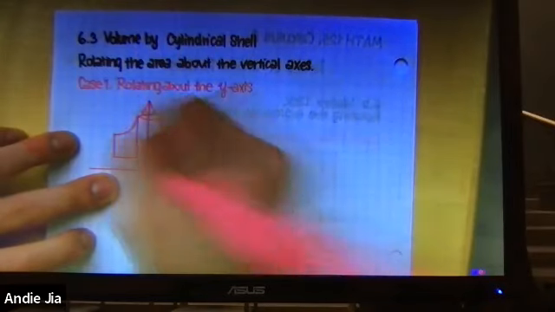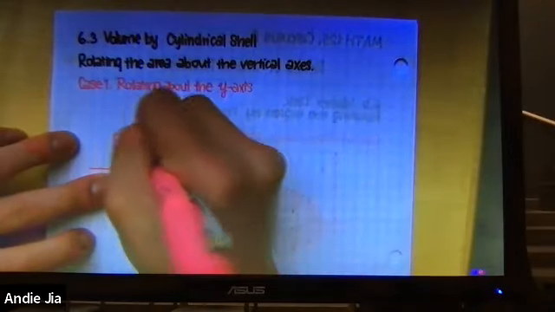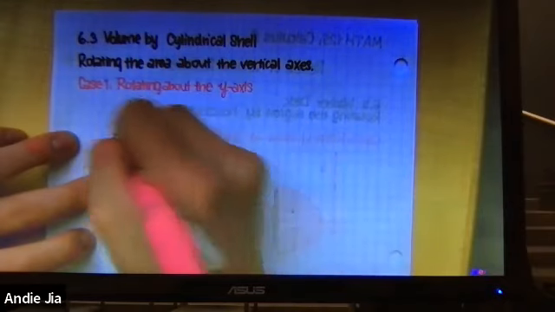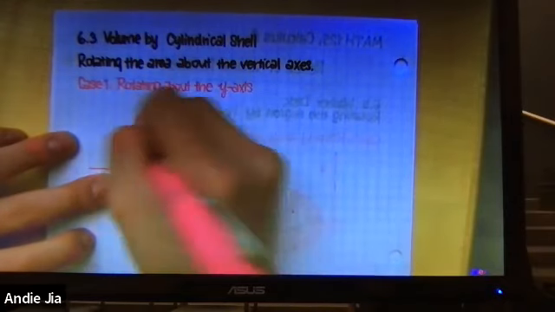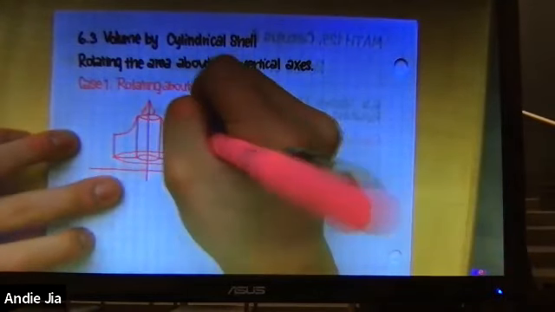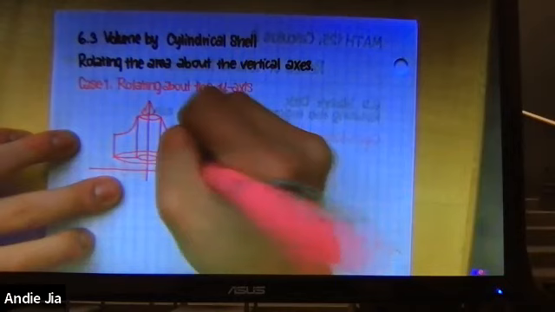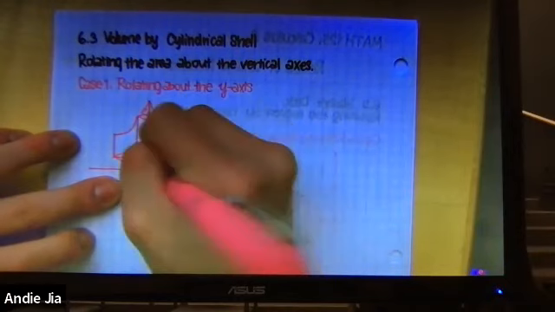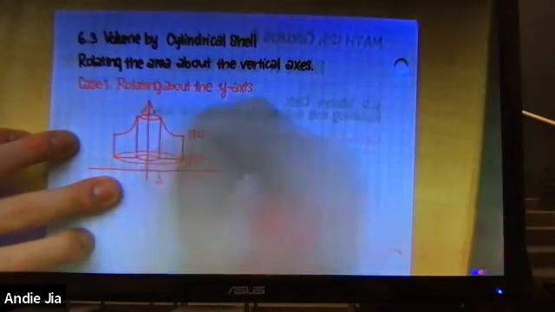Why are we drawing a shell? Because this is the shell here. You will see the shell. This is the area. Perhaps this is going to be f of x. This is going to be g of x from a to b.